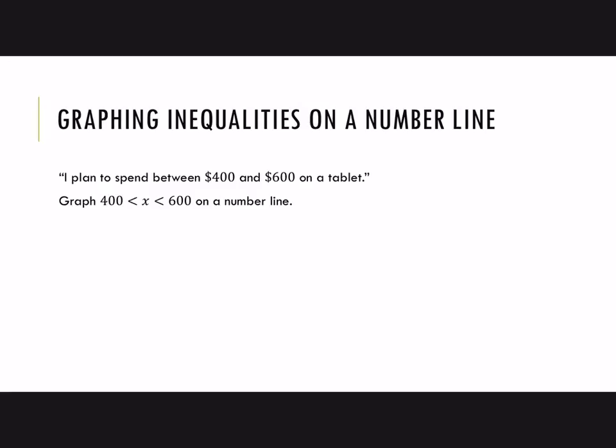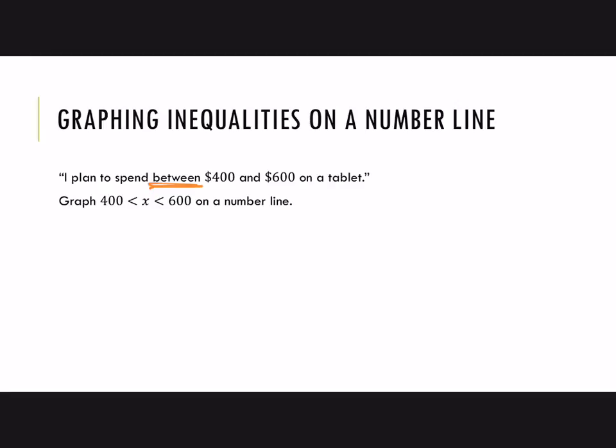We can also graph what are called compound inequalities or three-part inequalities. A situation where you might use one of these is something like, I plan to spend between 400 and 600 on a tablet. So we have a starting and an ending place for our range of possible answers. Now, when we say between, we've talked about this before, between means not including.